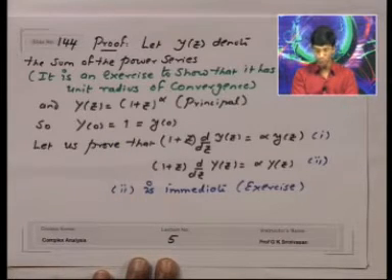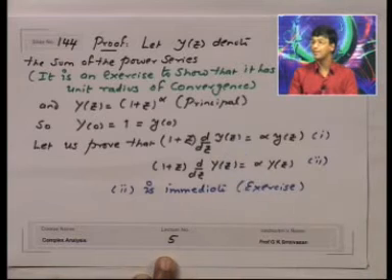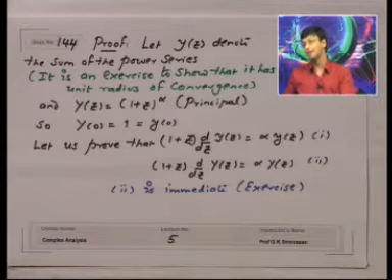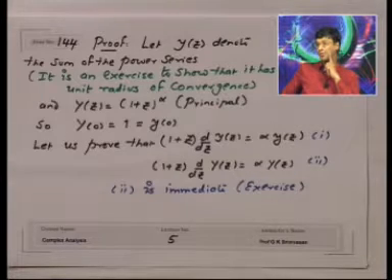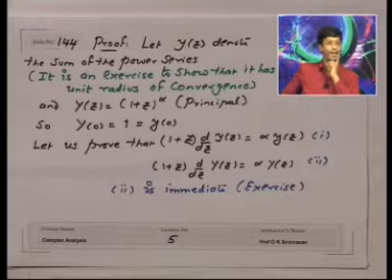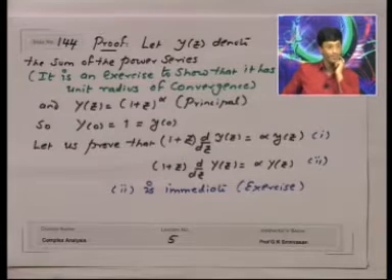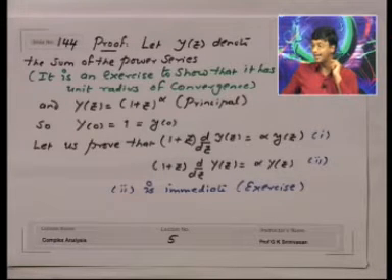Now, let us prove that capital Y(z) and little y(z) satisfy the same differential equation. Now, we have two functions satisfying the same first order ODE, and the two functions agree at a point. Therefore, they agree everywhere.